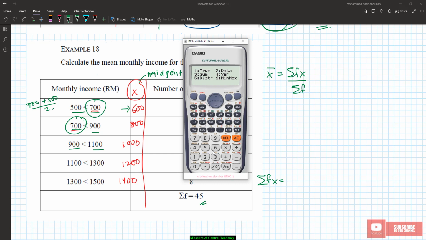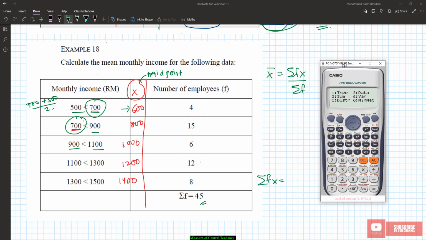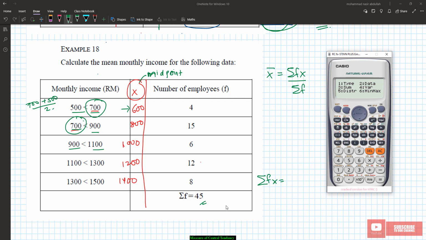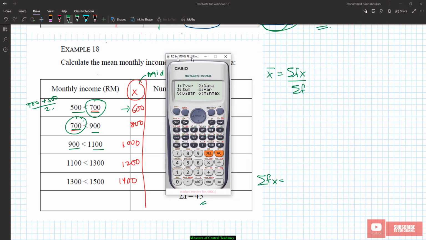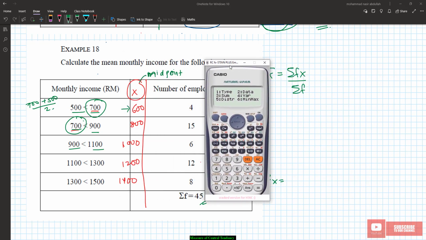If you don't have one, you need to find one lah, right? If you don't want to find one, the alternative is to calculate it manually. Or you can use the MS calculator, but I don't want to show the MS calculator. You can find how to use it on YouTube. It is a bit difficult using the MS calculator, because you cannot recheck your value.